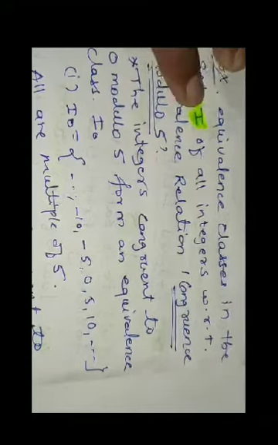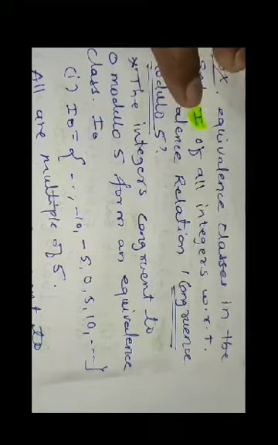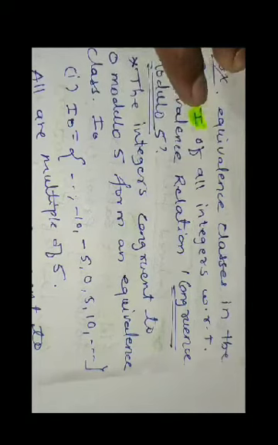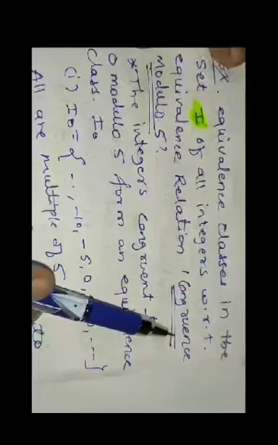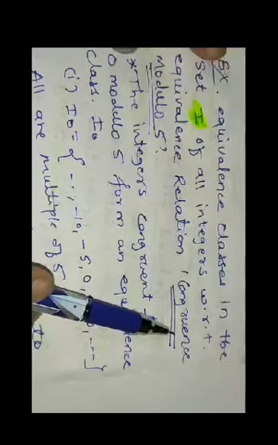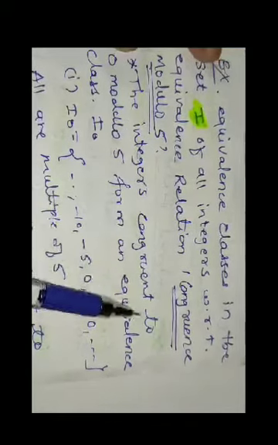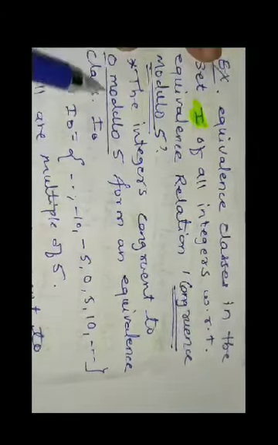In our definition, set A is the set of integers I, and we define the relation congruence modulo 5.